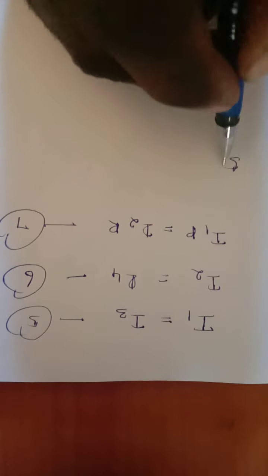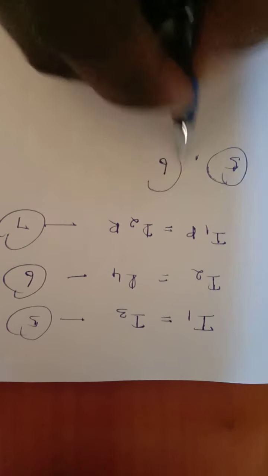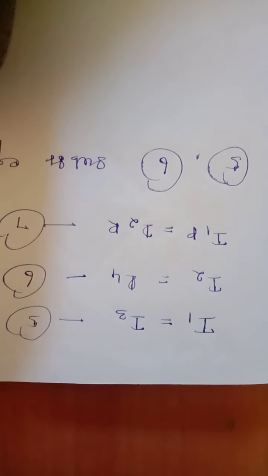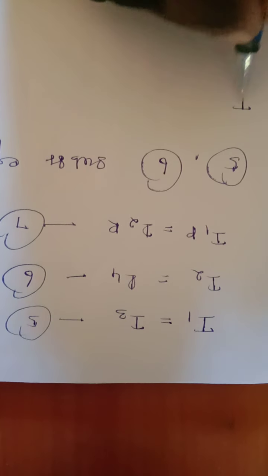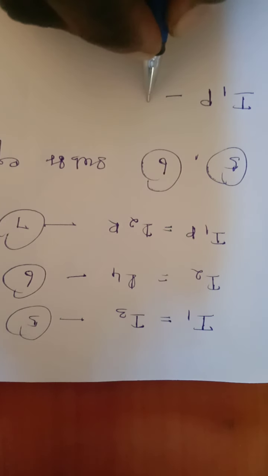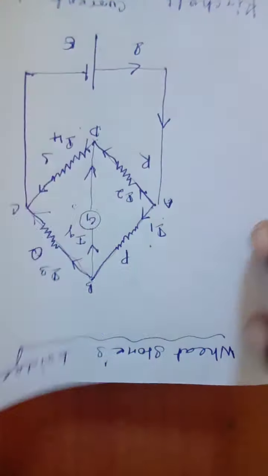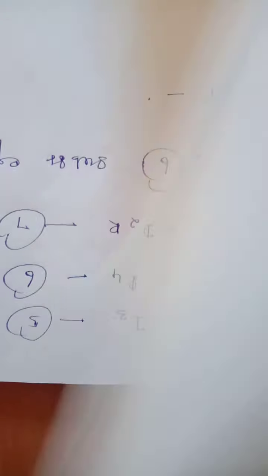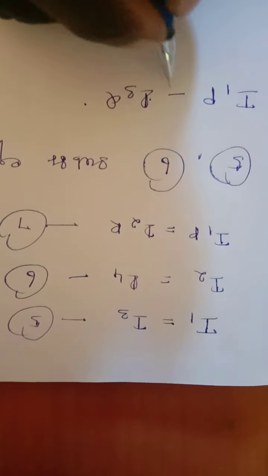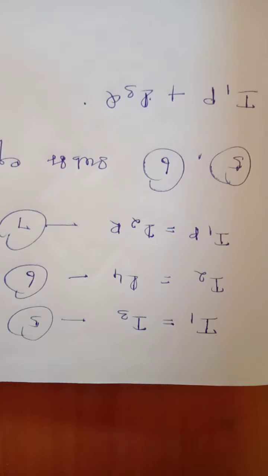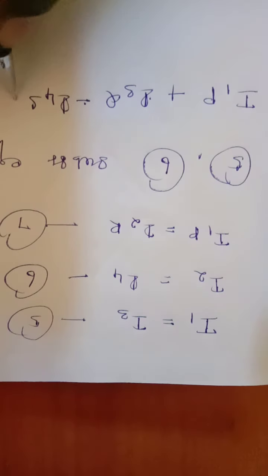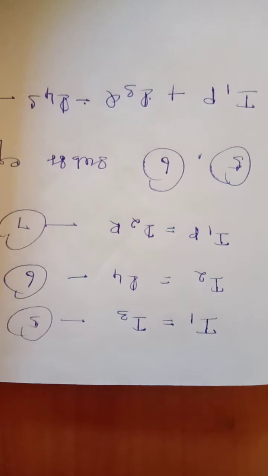Substitute equations 5 and 6 in equation 4. We already know equation 4: I1P plus I3Q minus I4S minus I2R is equal to 0.